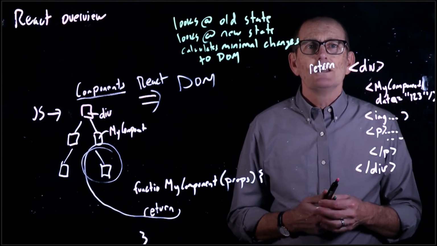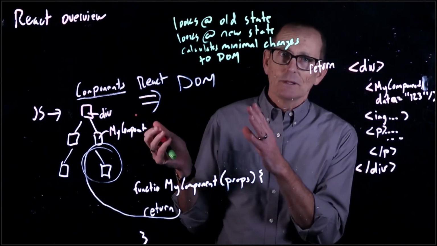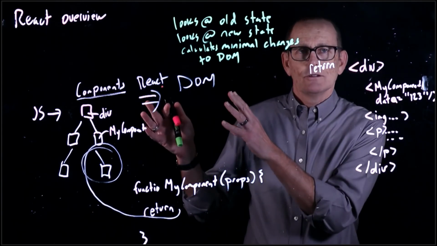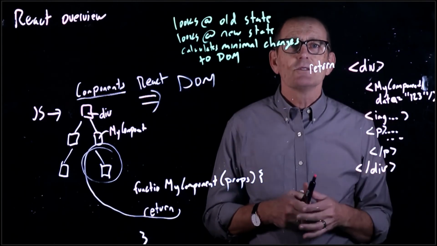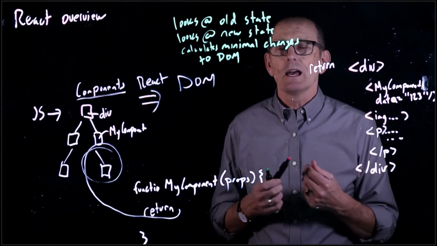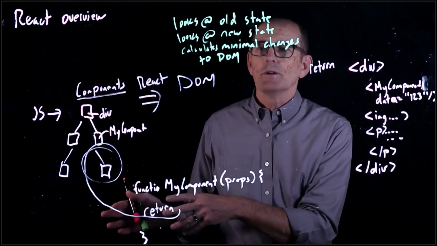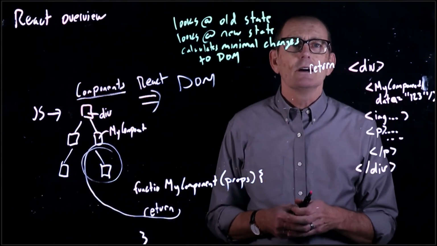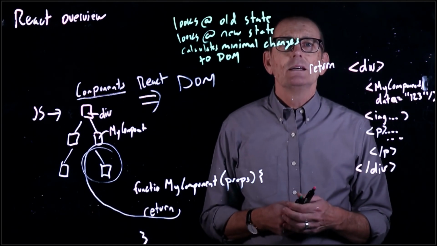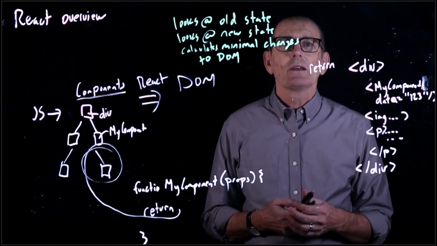So we have some possibly global state information somewhere else that gets changed in response to user input or network effects or anything else. And then we take that state and we generate our hierarchy of components. And React will then go update the DOM. Those are the two main features that really make React what it is.